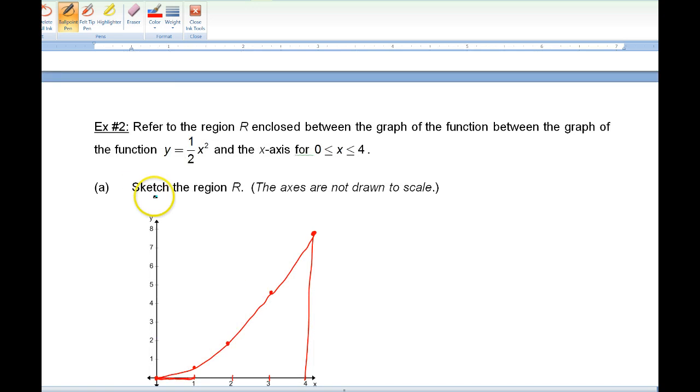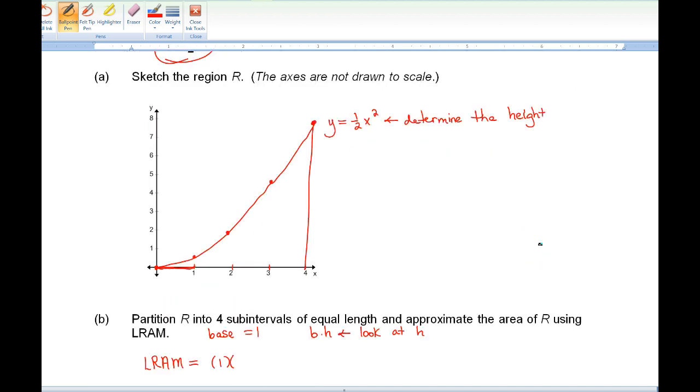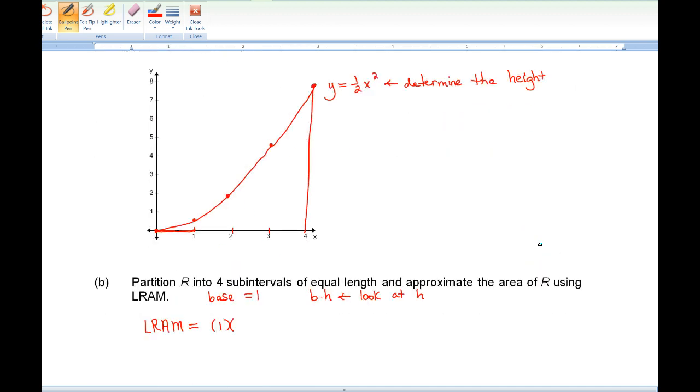Go back to 1/2 x squared, and that's going to help you determine the height. If I plug in 0 for 1/2 x squared, I get 0. The next rectangle goes from 1 to 2, so my left endpoint is 1.